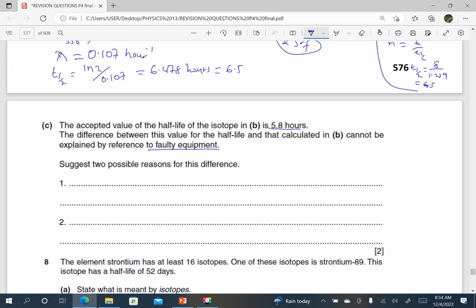Number one, we notice that actually the accepted value is less than the calculated value or the actual value. So this is simply because of, number one, the random nature of decay.